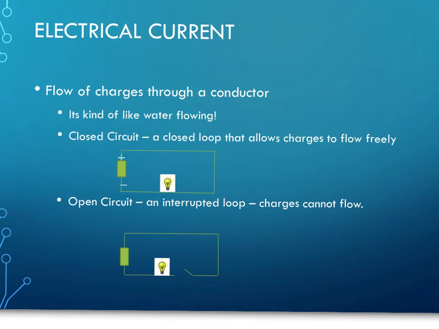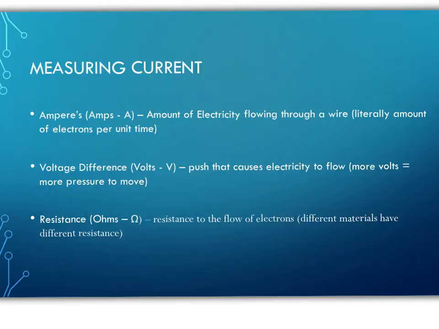A closed circuit means you have a loop, a continuous circuit or circle that allows charges to flow through them. Now this has to be a conductor, like a metal that electricity can flow through. On the other hand, you might have an open circuit, which is an interrupted loop. That might be a circuit where the light switch is switched off. And there, the charges can't flow. So in order to have current, you have to have a closed circuit.